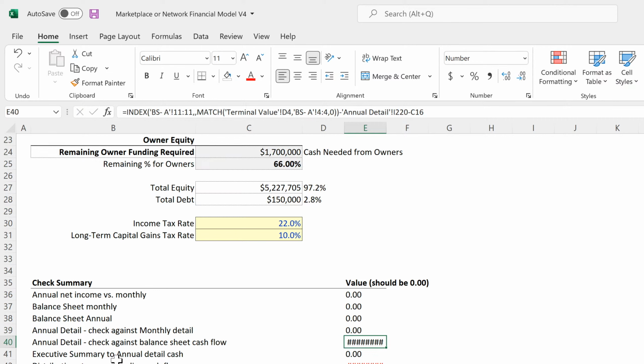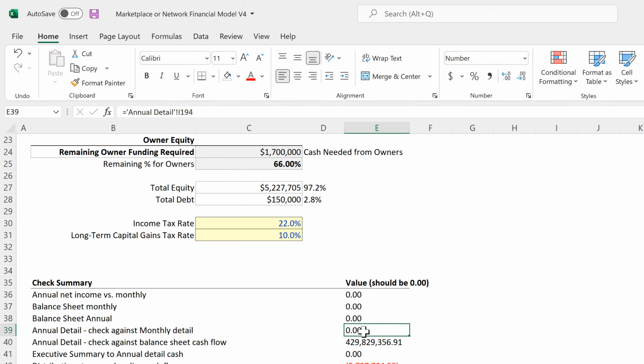Annual detail check against balance sheet. Okay, this is a little bit more tricky. Let's go. What did I say, 194? Minus total equity. And index balance sheet.